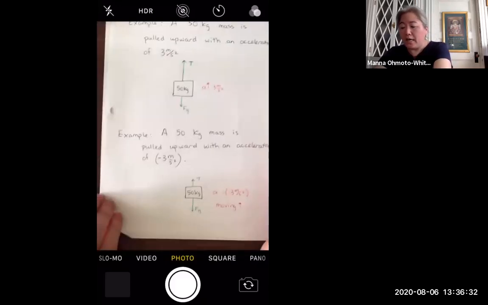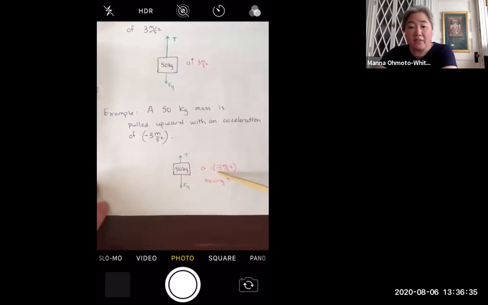Here, I have an acceleration that's a negative value. So remember that your a being positive or negative is really what you're going to be looking at. So here, my a is negative. I'm being pulled upward, but my acceleration is negative, which means that I'm slowing down. So again, I have my box with the mass in it, no surface because I'm moving in the air.